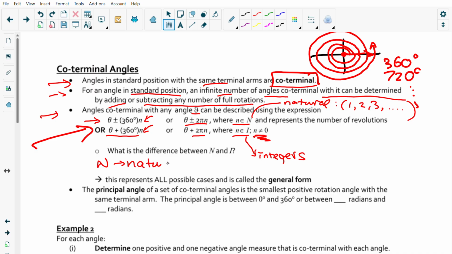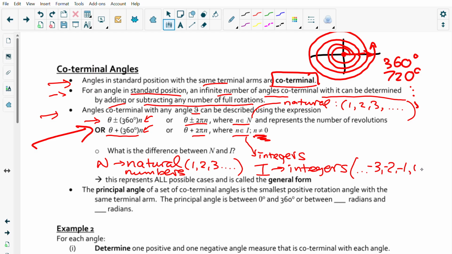Remember n is your natural numbers, 1, 2, 3, on and on, also known as your counting numbers. And then integers, I, that's integers. And that is numbers like negative 3, negative 2, negative 1, 0, 1, 2, 3, dot, dot, dot, okay?